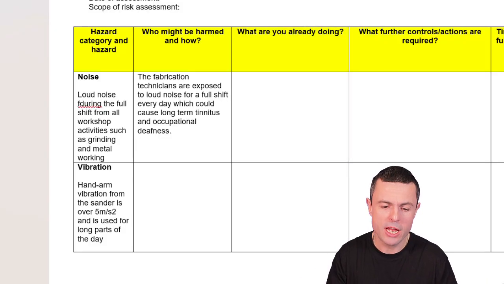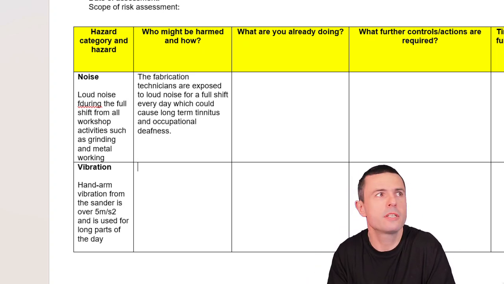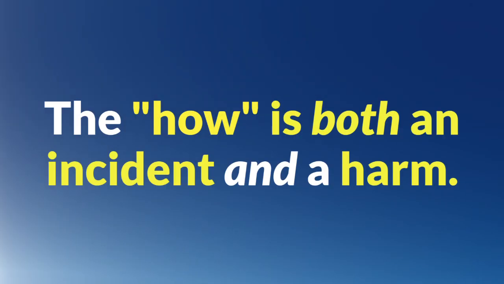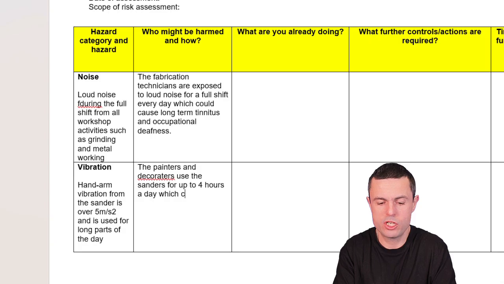So in the who might be harmed and how, just like in the previous tutorial, we need a who and we need a how, obviously. That's what it says here. The how is both an incident and a harm. So we need to say, the painters and decorators use the sanders for up to 4 hours a day. That is the incident. The excessive use is the incident. It's the mechanism, it's the exposure to the hazard, which can cause short-term harm.